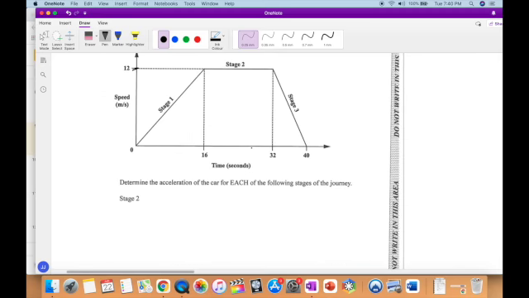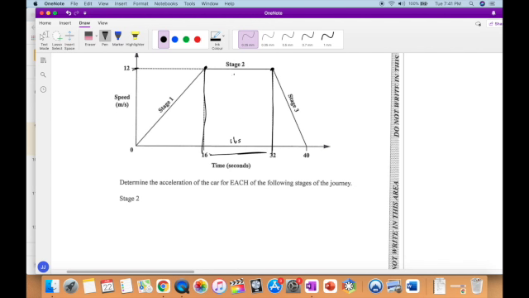So for stage 2, it's this stage here. And the acceleration for stage 2, well, we can see here that it goes from 16 to 32. So 32 minus 16 is 16. So this is 16 seconds it spends here. But it goes from 12 meters per second to 12 meters per second.